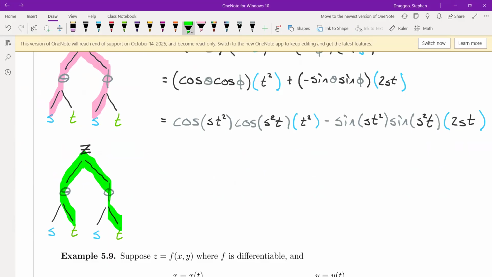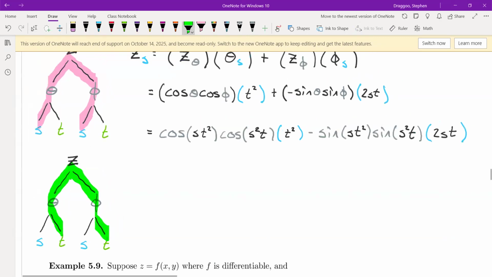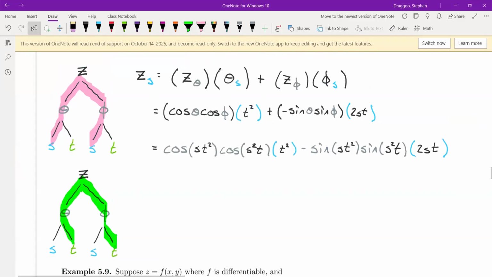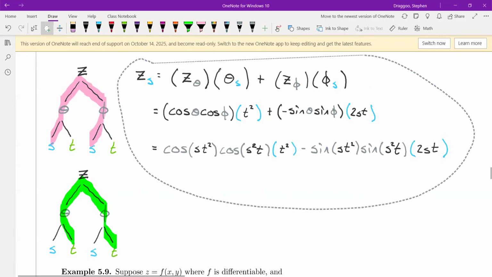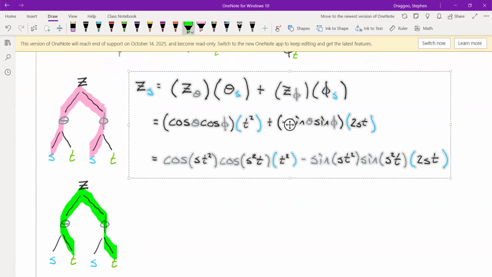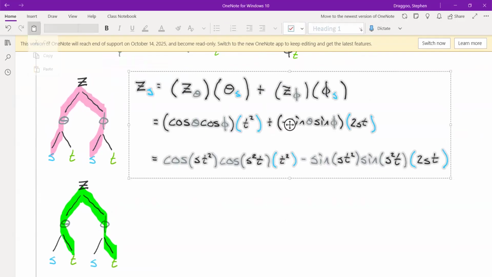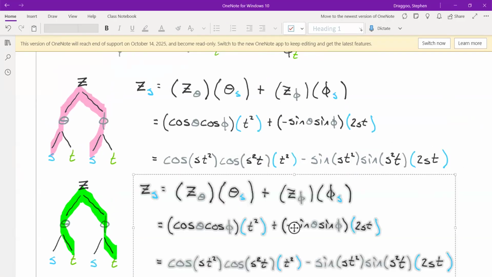And then each of those, following the next branch of the path, each of those get derivatives with respect to t multiplied in. And since I've already done a whole lot of work to get my s partial, and my t partial follows a lot of the same branches, I'm going to start by just copying and pasting the work I've already done.